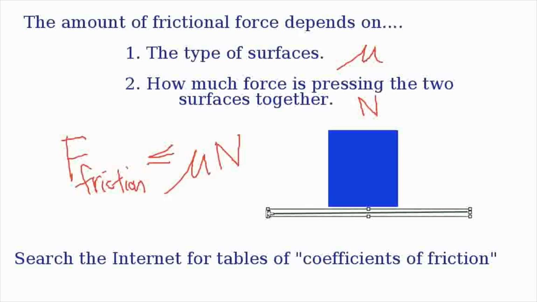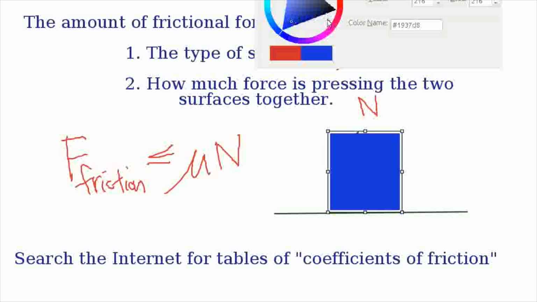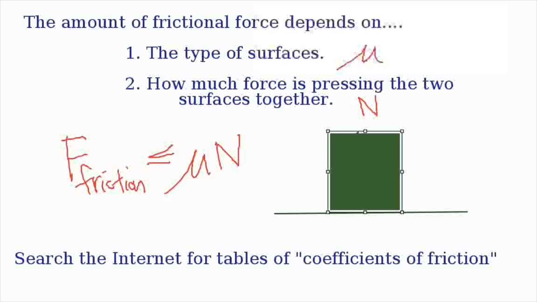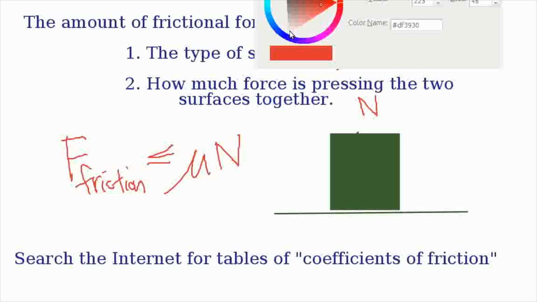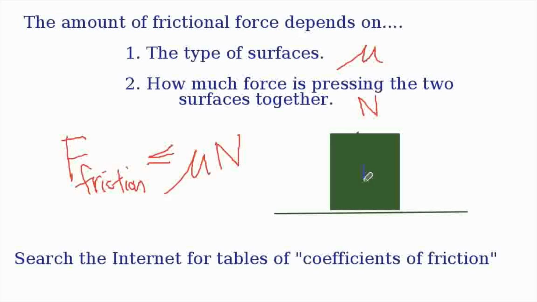What are all the forces acting on the box? Let's draw some arrows to denote the strength and direction. We've got gravity down, which we know now is mg. We've got the normal force, which we know now is equal to mg, right?